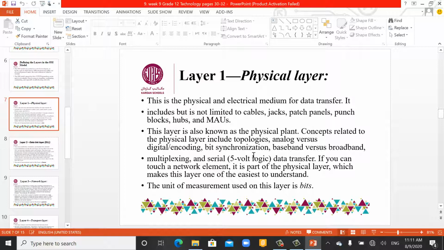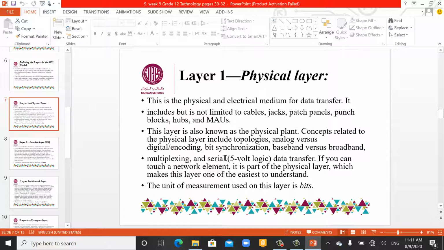Bit synchronization, because the data, like this text, is converted into bits, 0s and 1s. Bit synchronization happens in the physical layer, baseband versus broadband, and every bit has 5 voltage logic data transfer.